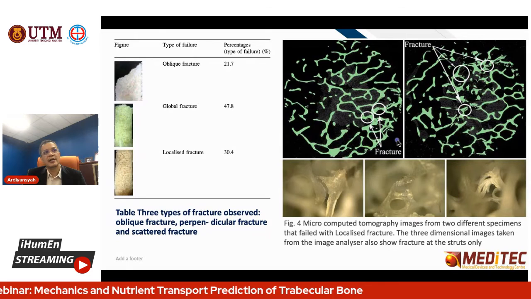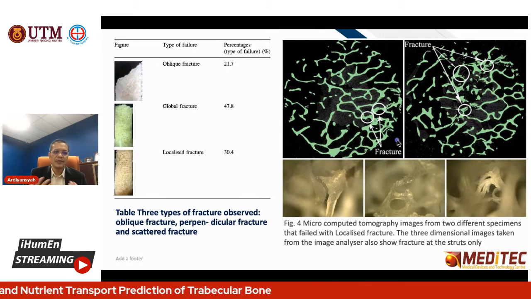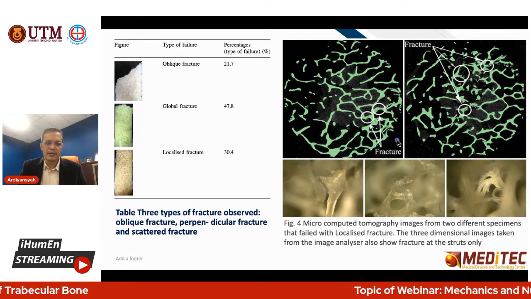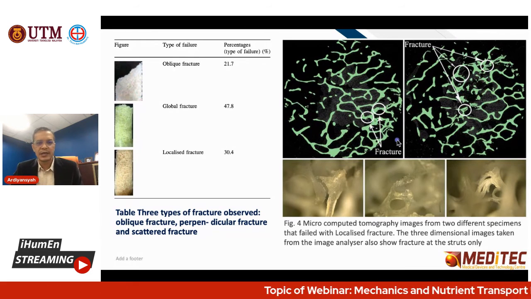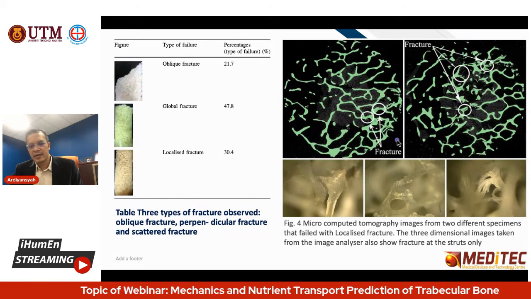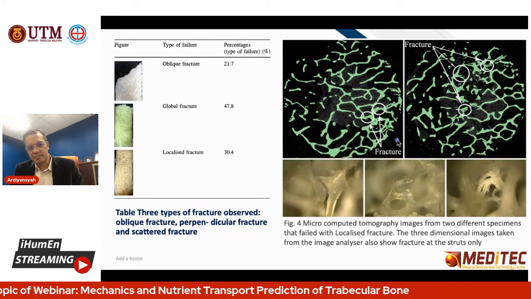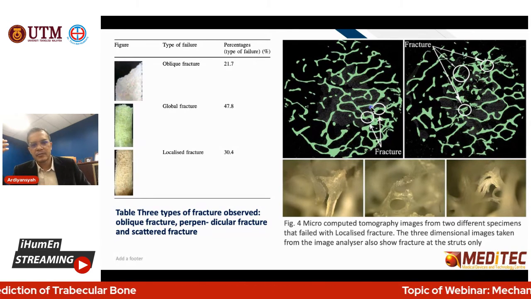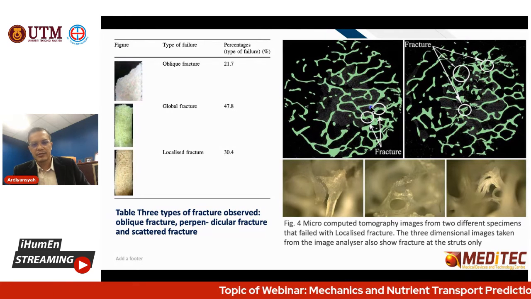If it is a global or oblique fracture, that is obvious, meaning you can clearly see the fracture line. In fact, the sample breaks into 2. But for the localized one, you need another tool to check.